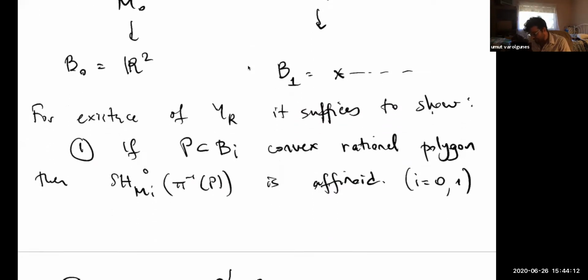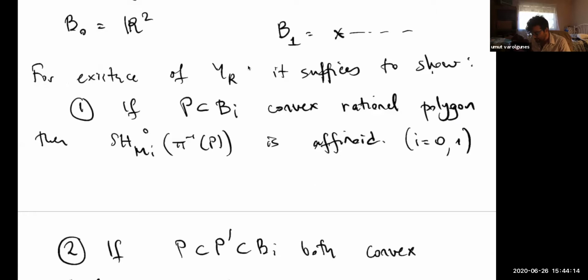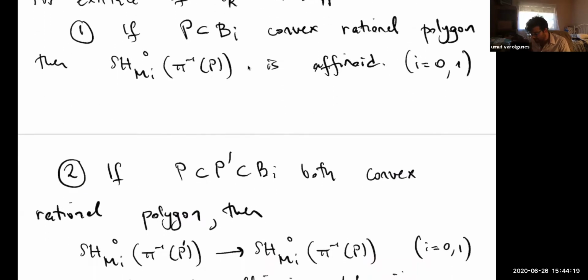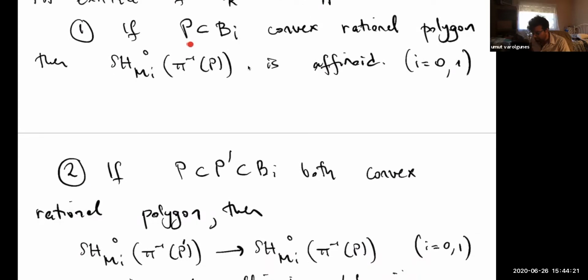So now, if I want to show that YR exists as in the theorem, I just need to show the following things: that if P inside B_i, where i is going to be 0 or 1, is a convex rational polygon, and I will actually require the singular point to be contained in the interior of the rational polygon, where rational means the sides have rational slope, then I should know that this SH0 gives an affinoid ring.